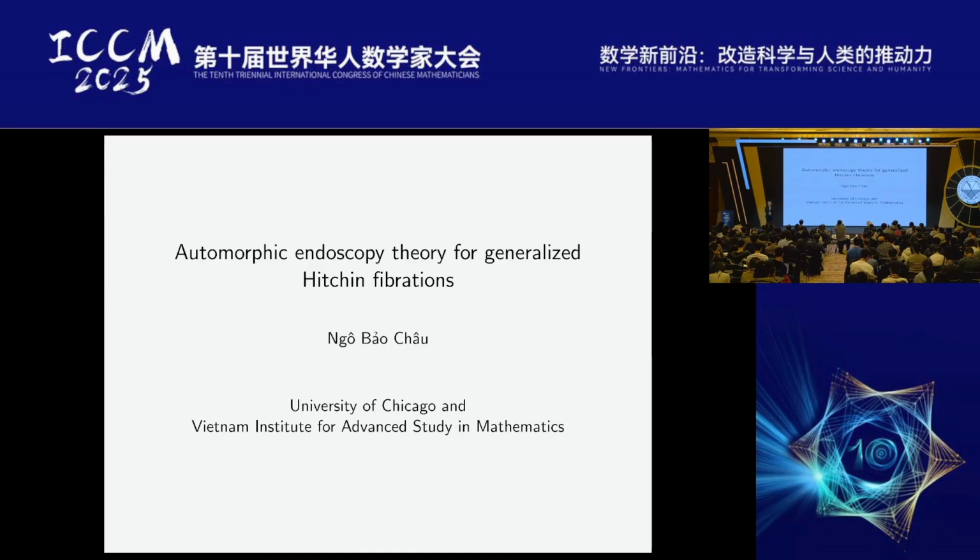So this is somehow a framework. My student and I computed some range of examples, so we do not have a complete theory yet.